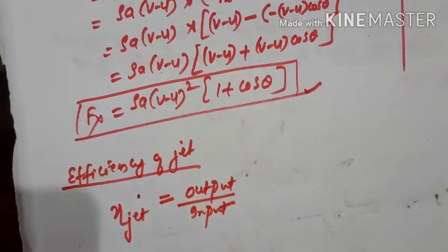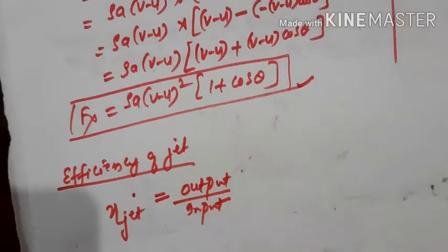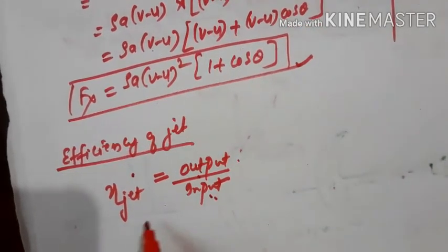Please make a correction. In previous lectures I have taken it reversed, that is input by output. It's not input by output, this is output by input. Please make a correction. So the efficiency of the jet is to be calculated as output energy divided by input energy. So here what is the output energy? First we have to take the input energy. The input energy will be what?